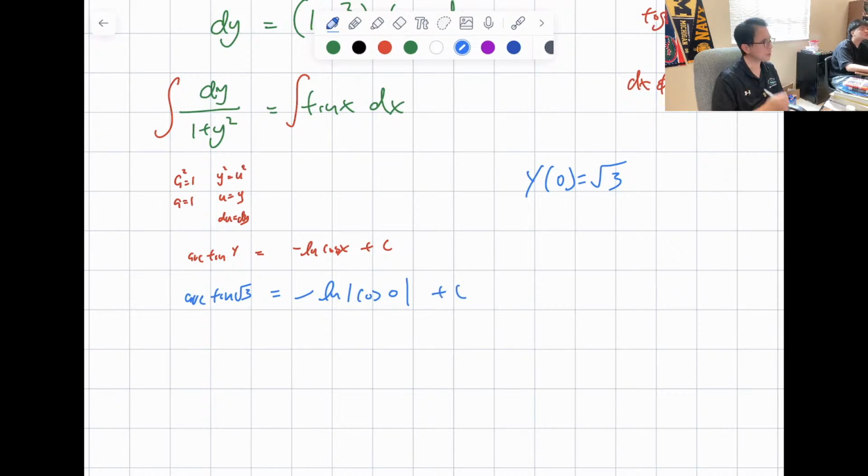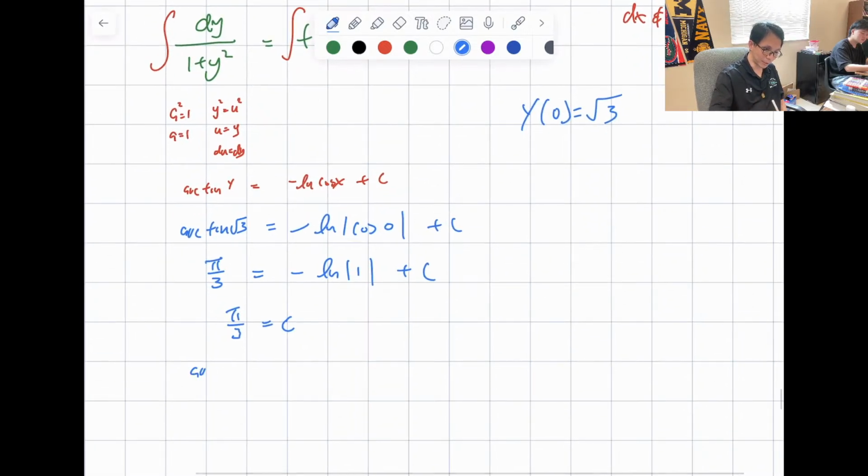And you're like, wait, what's cosine of 0? It's 1, right? What's arctan of square root of 3? Pi over 3. Equal to negative natural log of cosine of 0, which is 1, so 0. So it's plus c. Pi over 3 is equal to c.